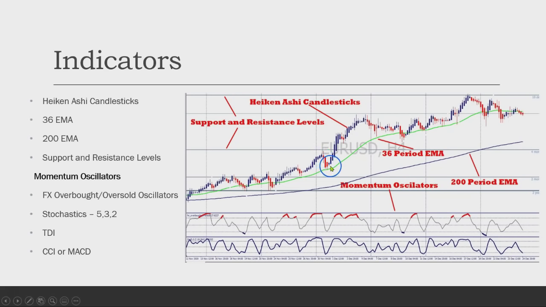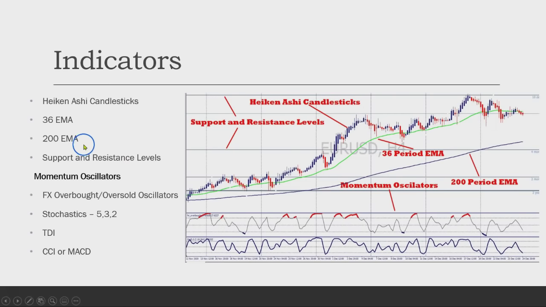When the buyers come in, I can easily identify these blue momentum candles, right? Okay, then I'm using the 36 period moving average, which serves to me as a dynamic trend line. Price has a tendency to bounce right off this 36 period moving average, and just push back off, push back off, push back off.